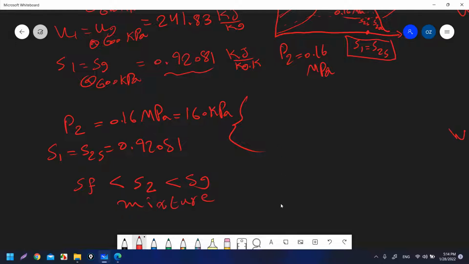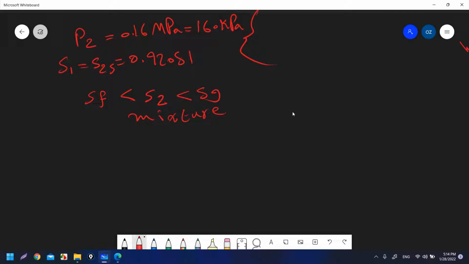And always when we have a mixture, I have to find the quality. So let's write again the values of Sf and Sg: 0.81496 is less than 0.92081 and less than 0.94190.